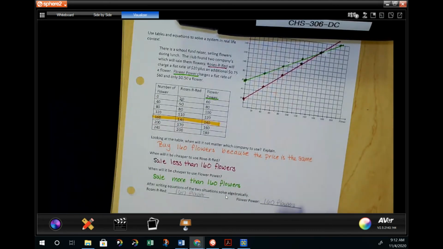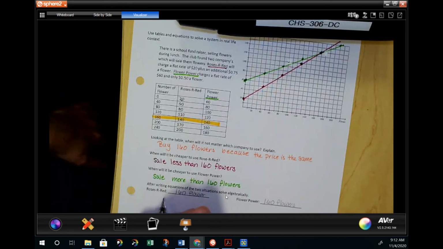And then you can go through, because this would have been 20 plus 0.75x equals y, and then this would be 60 plus 0.50x equals y.